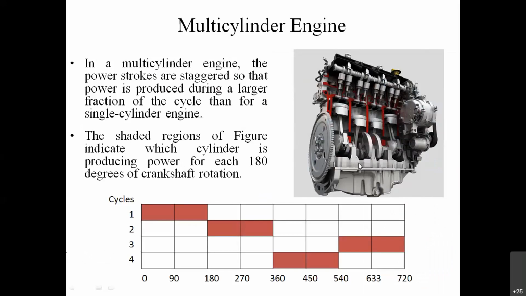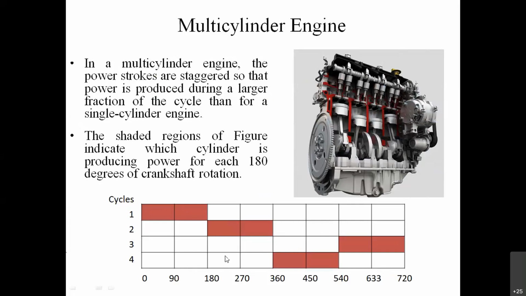It has been programmed such that out of these 720 degrees, not 360, that is two rotations of the crankshaft, every cylinder will generate power during a different time duration.